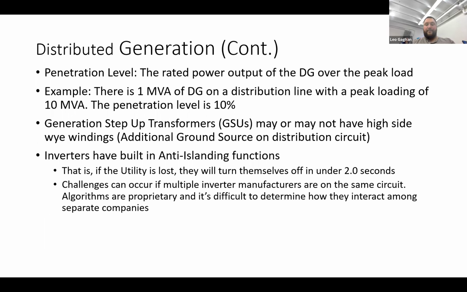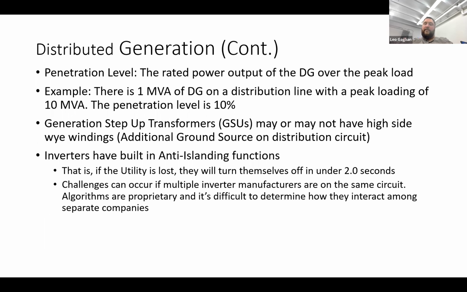But they're finding that doesn't work as smoothly as they'd like. Challenges can occur if multiple inverter manufacturers are on the same circuit. These algorithms that will shut themselves off in 2 seconds are actually proprietary for those manufacturers. So it's difficult to know how they work, and they don't share how they work.